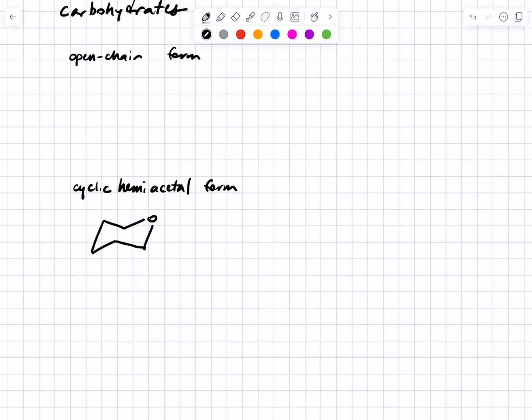The technical name for this molecule that I'm going to draw is beta-D-glucopyranose, but most of the time we're just going to call it D-glucose, and because biology only uses the D enantiomer of glucose, we're just going to call it glucose, okay?